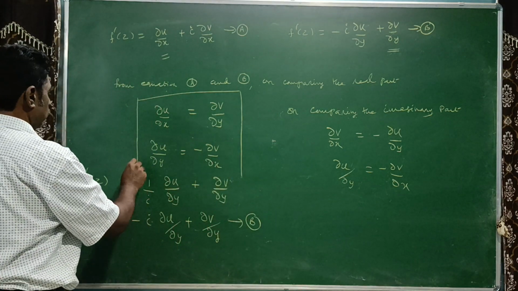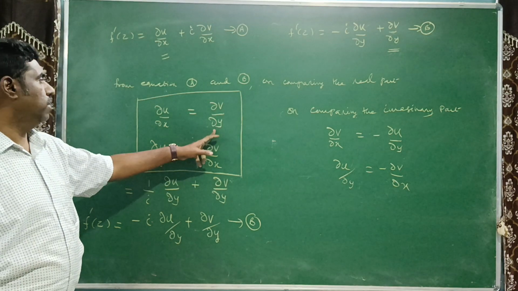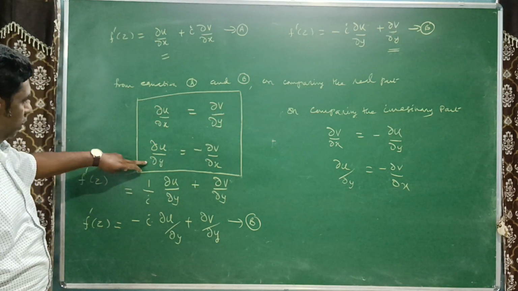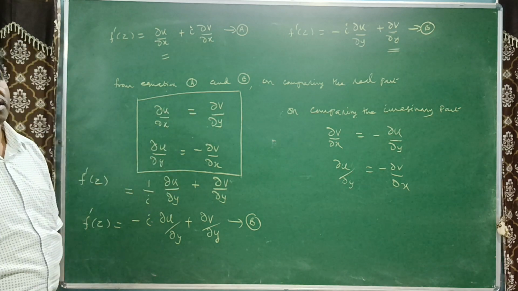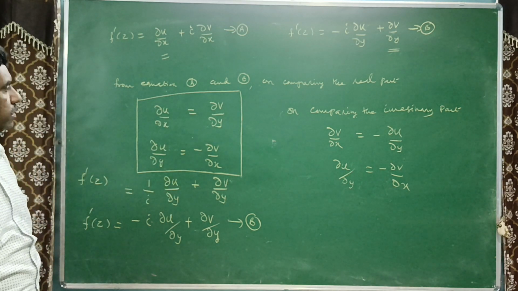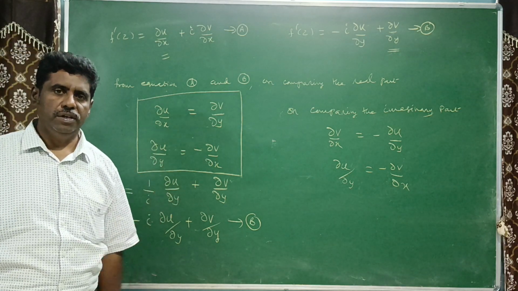So, with the help of these two, you can write ∂u/∂x equal to ∂v/∂y, ∂u/∂y equal to minus ∂v/∂x. These two equations are called Cauchy Riemann equations in terms of the Cartesian coordinates x and y.